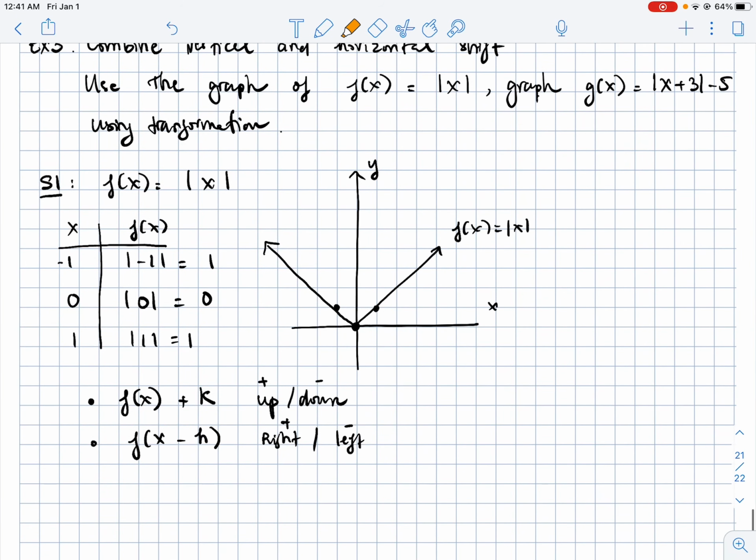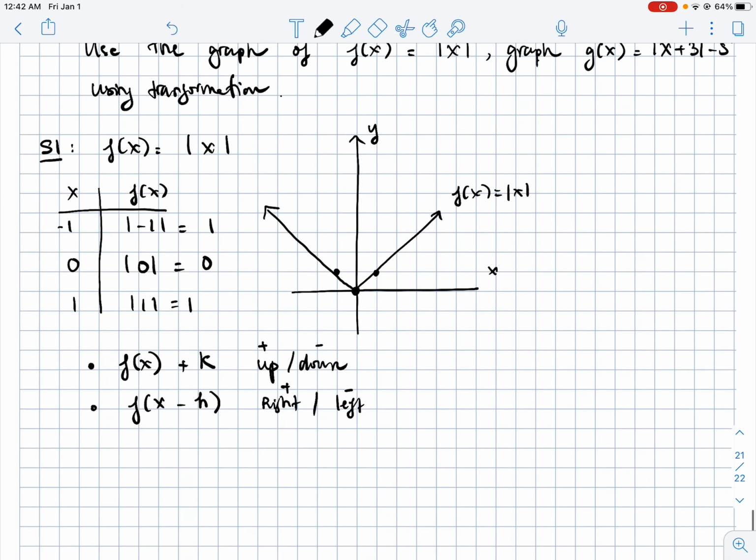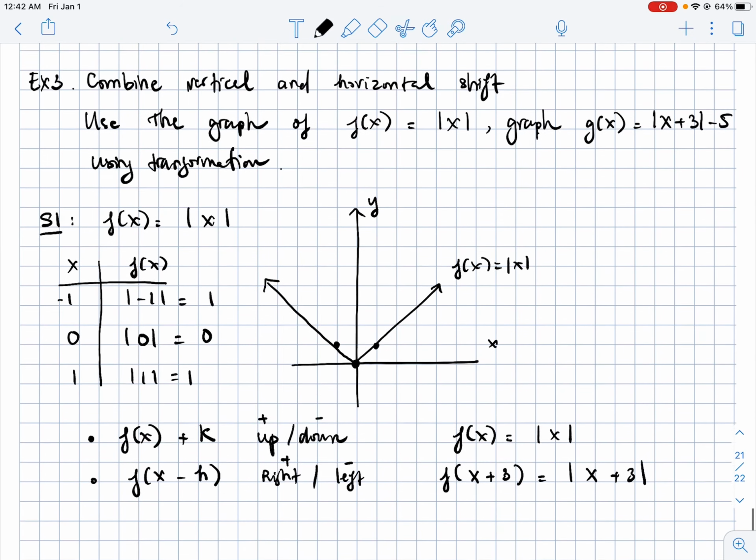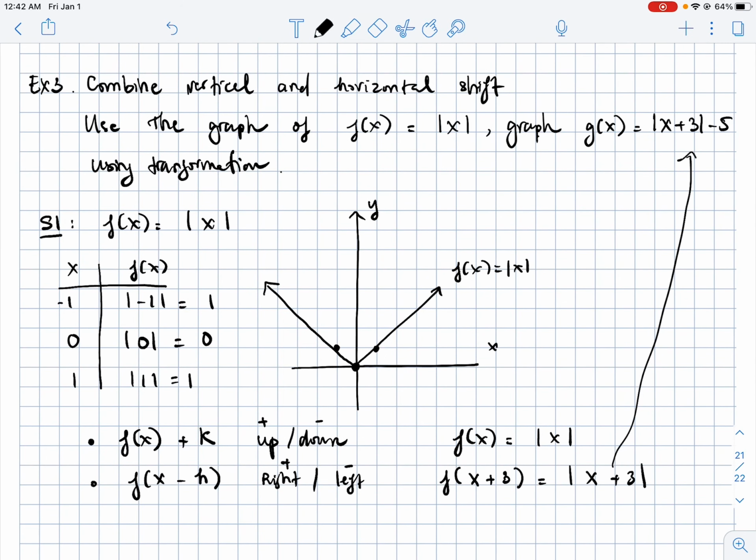In the problem, we have a number 3 and a number 5. Which one is inside and which one is outside? Look at the absolute value. The 3 is inside the absolute value. The way to check is to begin from the function f of x equals absolute value of x. Now let's change the inside to x plus 3.